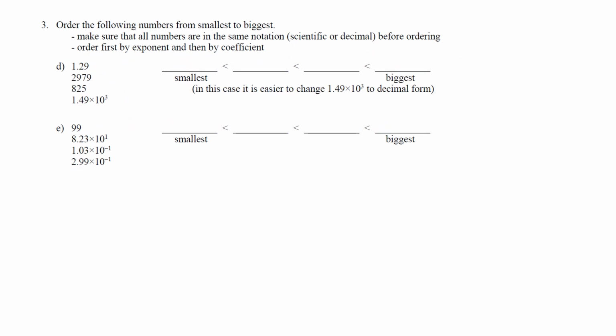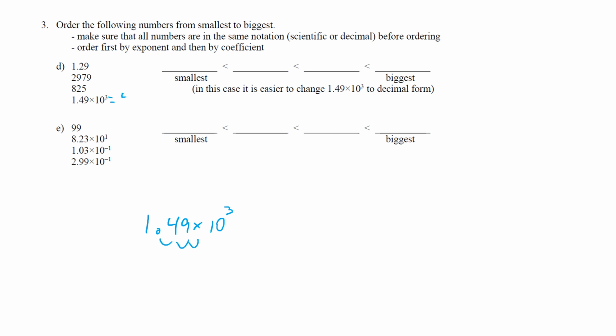3D, here we have 3 in decimal form and 1 without. So 1.49 times 10 to the 3. I'm going to convert that one to decimal form. I would move this 1, 2, 3 spots.